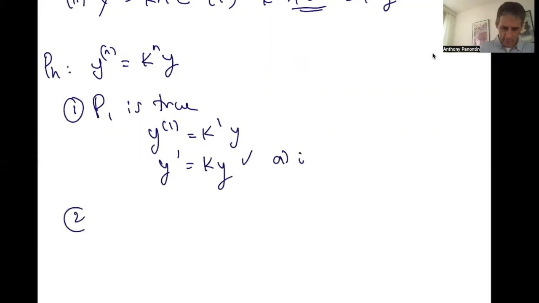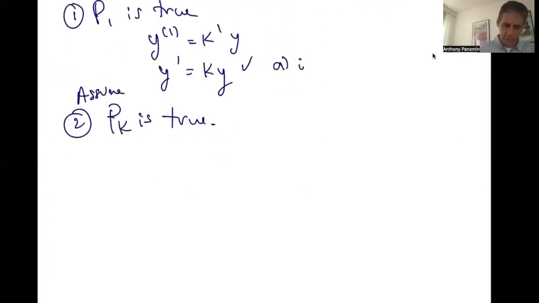So that's done. Now the second step in mathematical induction is to assume Pk is true. Assuming Pk is true means really to assume that the kth derivative is, oh wait, we just run into a problem.